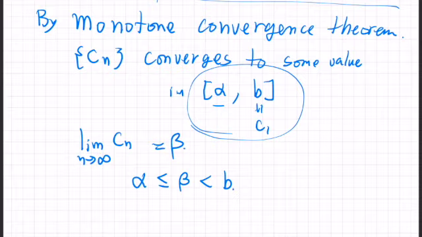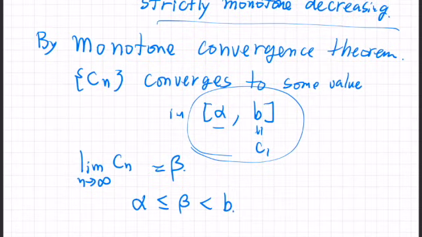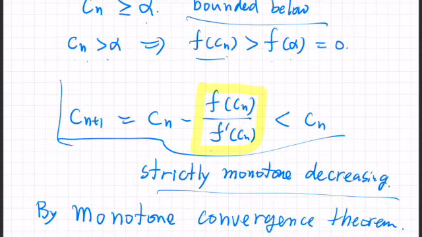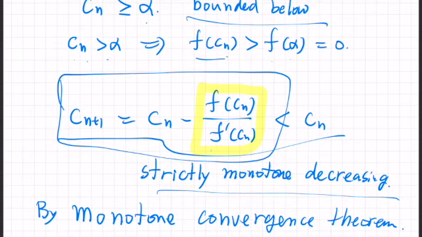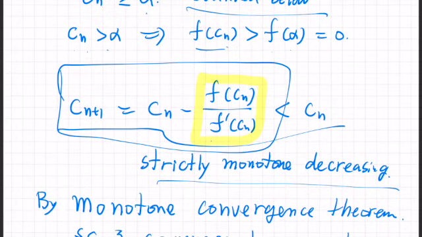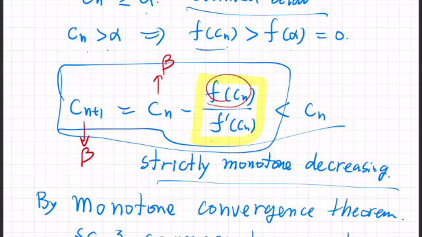So let's apply this limit operation to both sides of this equation. This will converge to beta, and this will converge to beta, and this numerator converges to f of beta. This denominator converges to f prime of beta.